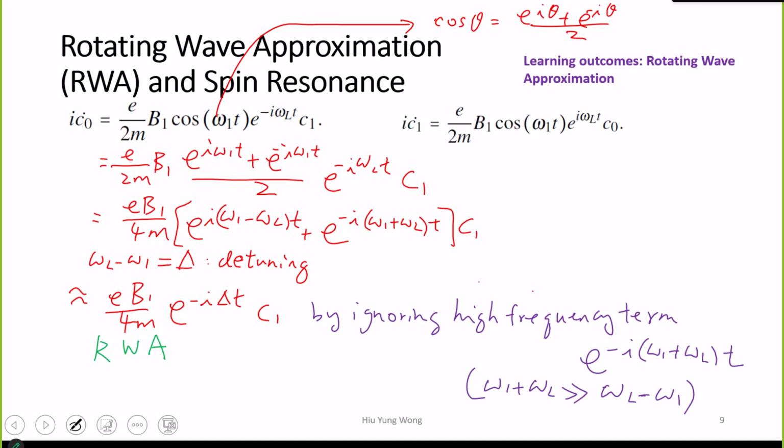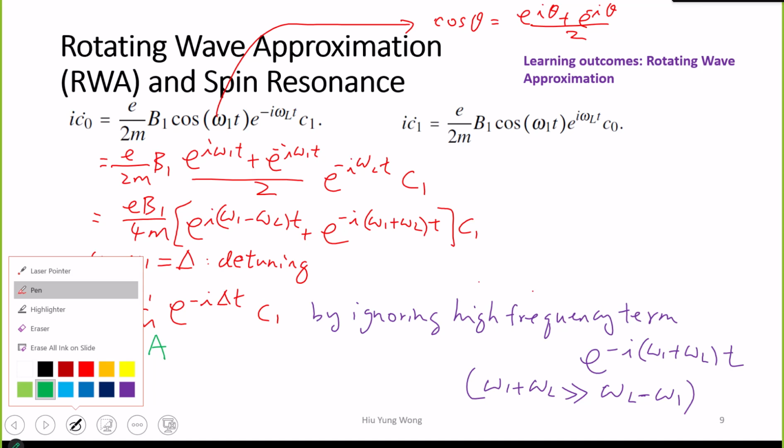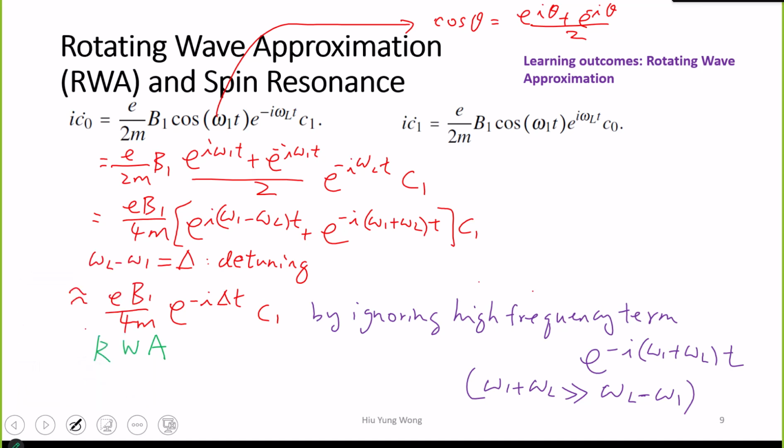Right, so then I have this one. Now I want to introduce another concept. Should it be omega L minus omega 1 equals minus delta? No, you see that I define omega L minus omega 1 equal to delta.